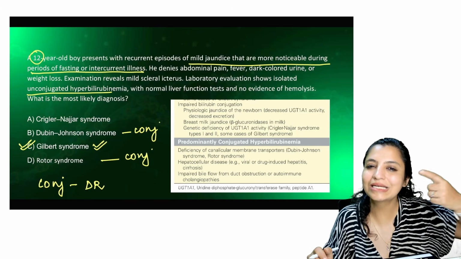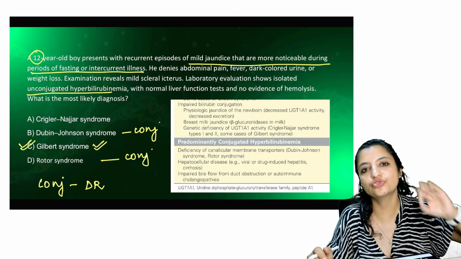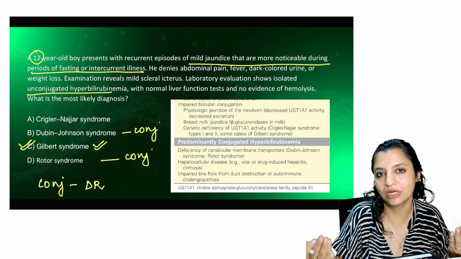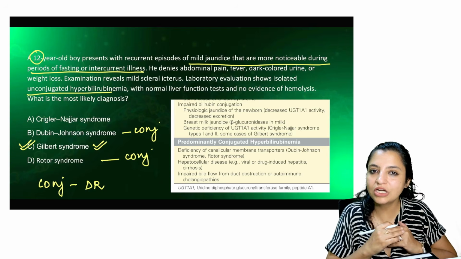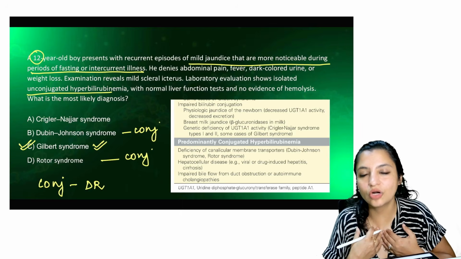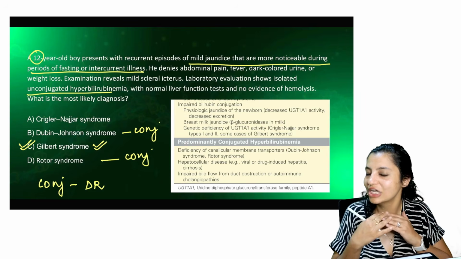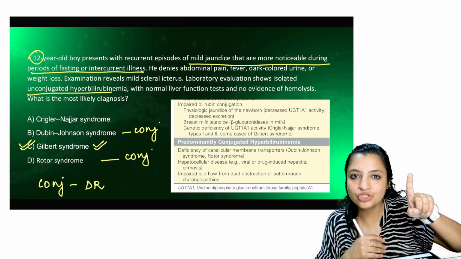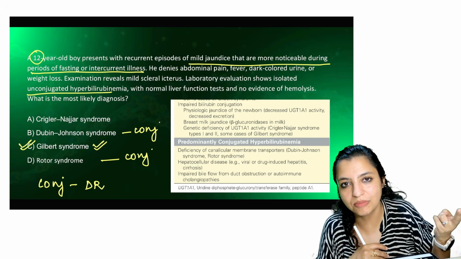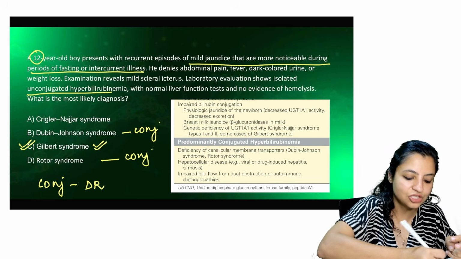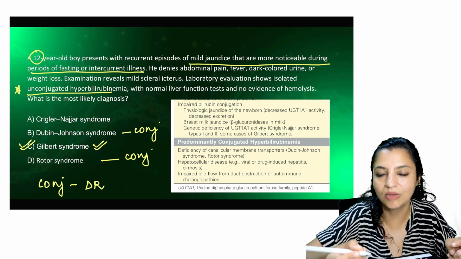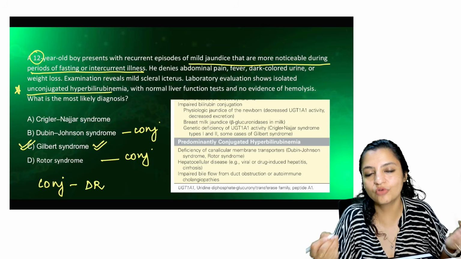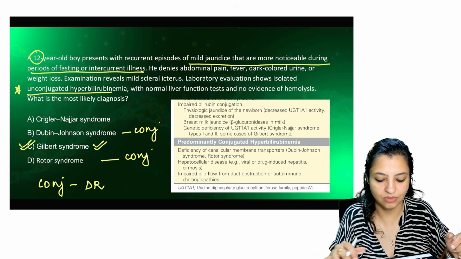Gilbert syndrome presents a little later in life, and the typical history is that the jaundice is precipitated by fasting or illness. That's very typical. And conjugated, you already know, I've told you this so many times. Doctors are conjugated. Doctors are always conjugated. So DR, Dubin-Johnson and Rotor, they're conjugated hyperbilirubinemia. The question asked about unconjugated hyperbilirubinemia, which manifests more with fasting. The answer has to be Gilbert syndrome.